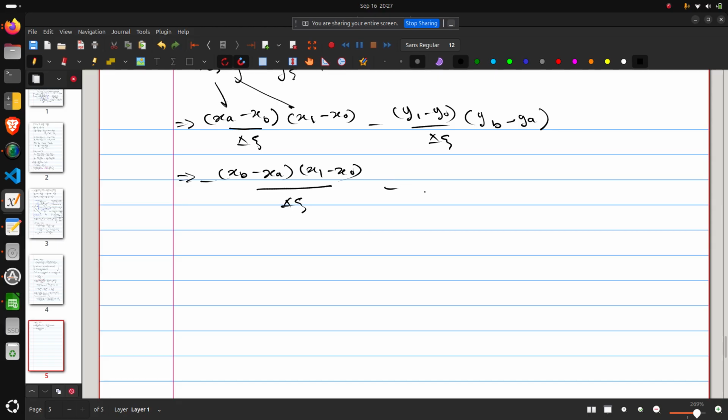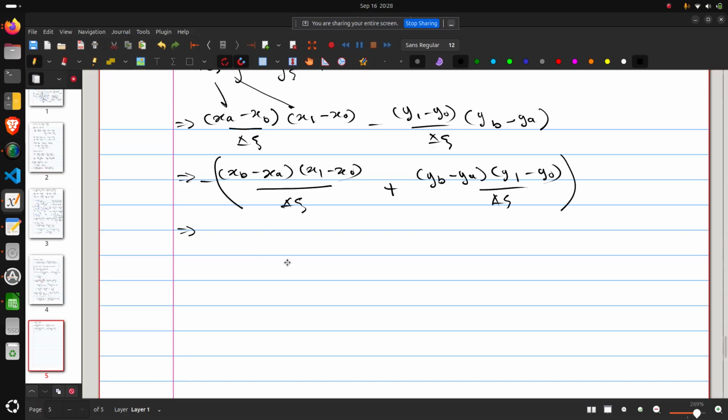Minus of yb minus ya times y1 minus y naught again by delta psi. Okay, and we can just take the negative sign outside. This will be something like this. Now we will compare it with another dot product and see what comes up.